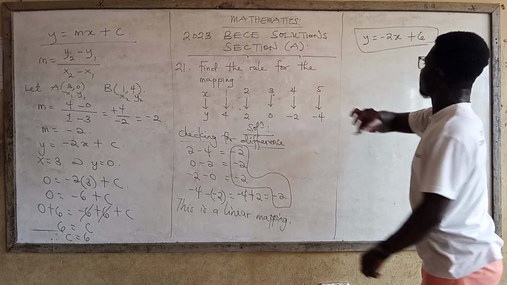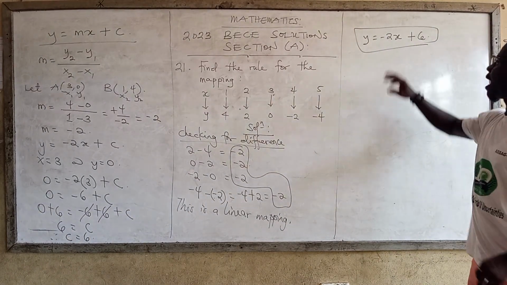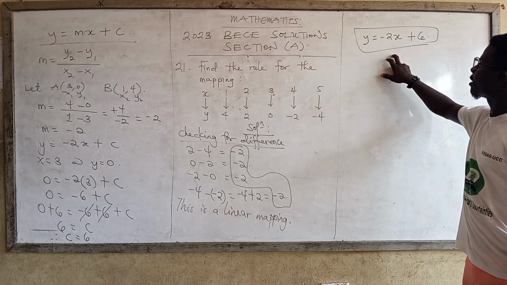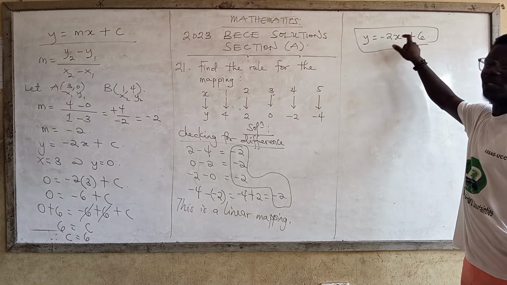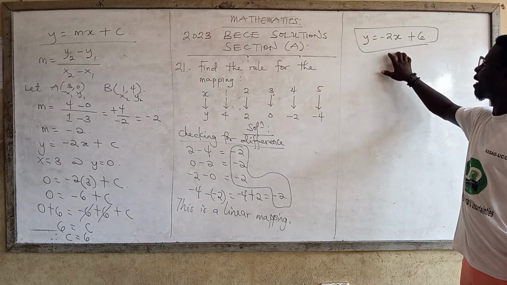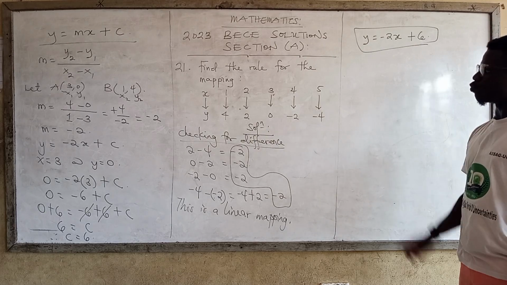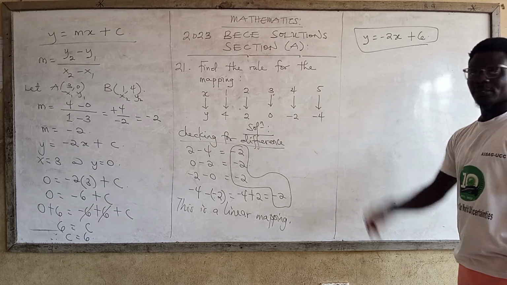So you can see that our rule, or our equation, is the relationship connecting y and x, right? This is the equation connecting y and x. That's our rule for the mapping, right?